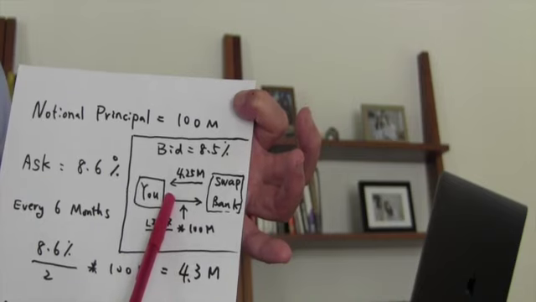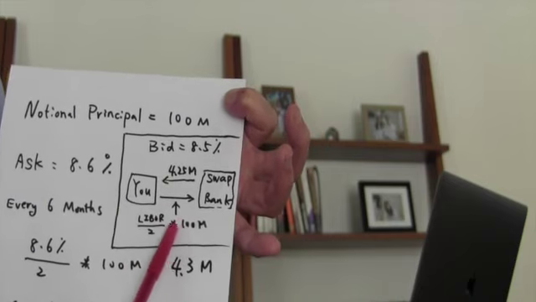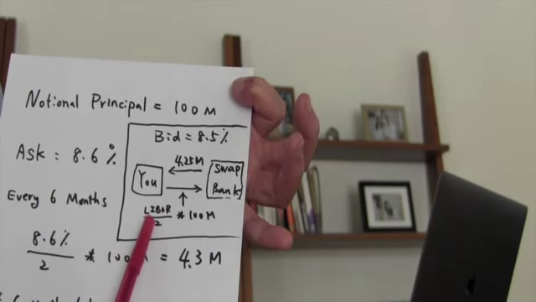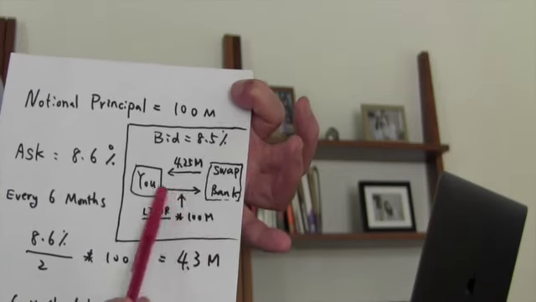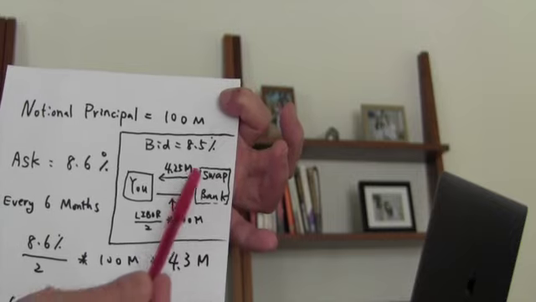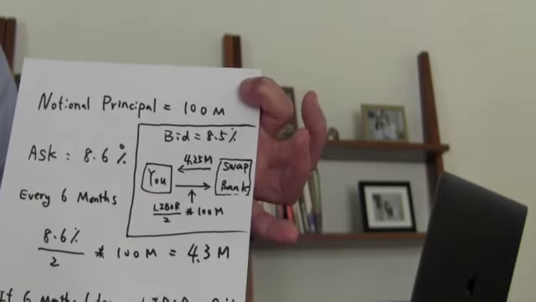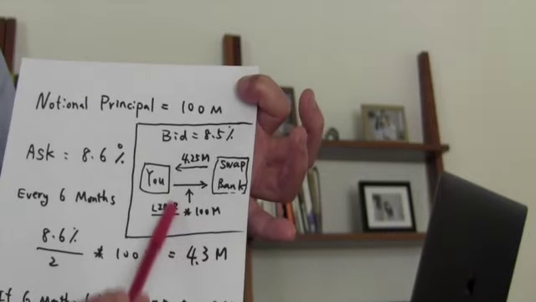And our payment is going to be floating, depending on the LIBOR rate. So we just divide the LIBOR rate by 2 times $100 million. That will be the amount of money each 6 months that we're going to pay to the swap bank. Of course, LIBOR changes every second, so every time this payment will be different.